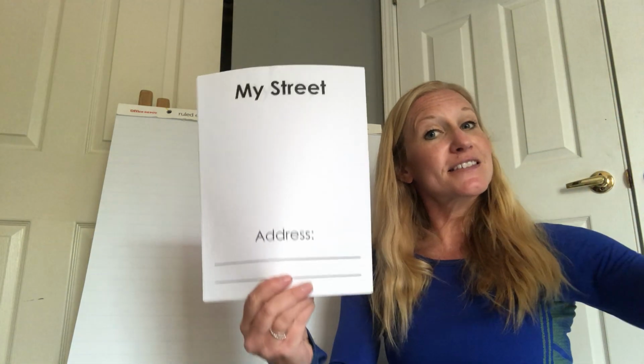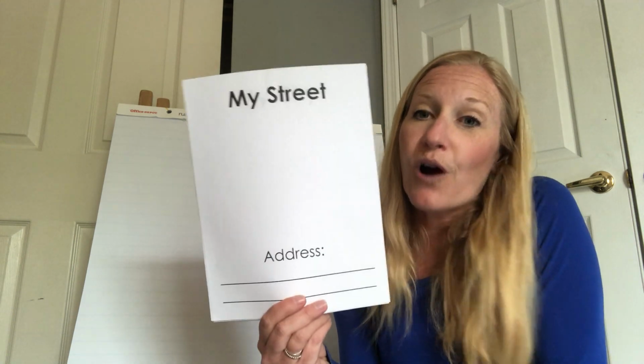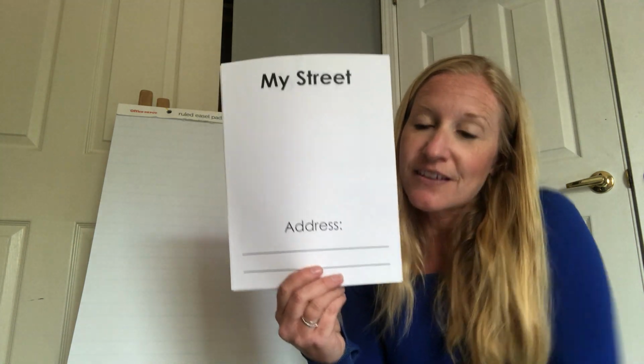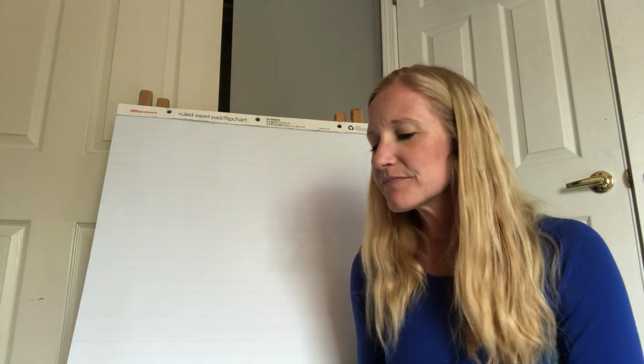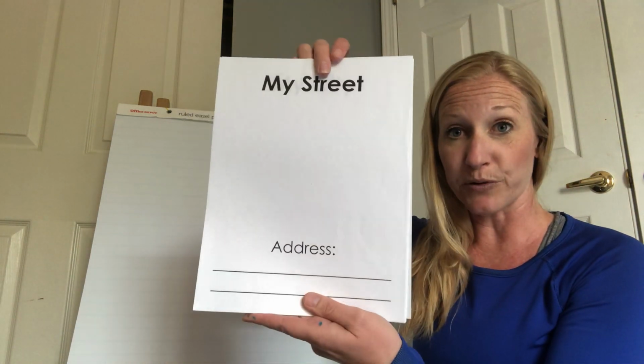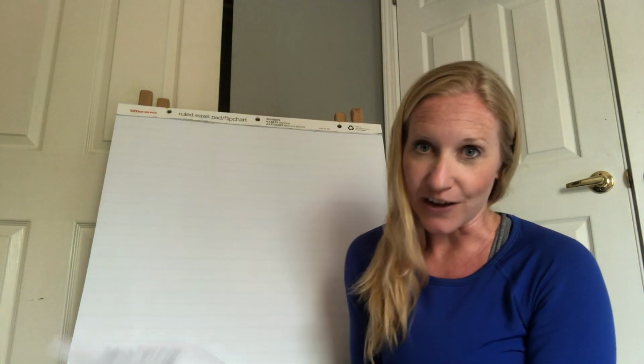Now the next, as we move out from your room, it goes to our street, our house, and it's our address. So I'm not going to draw a picture of my house today because that would take us too long on this video. But that's what I would like you to do if you have a piece of paper with you. And the thing that we really want to focus on is writing our address.